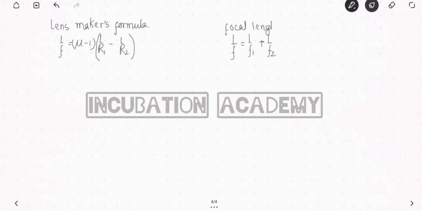There is also a term minus a divided by f1 f2, but this value of a is very small, so we can consider that a is negligible compared to 1 by f1 and 1 by f2. So we can use this formula, 1 by f equal to 1 by f1 plus 1 by f2.